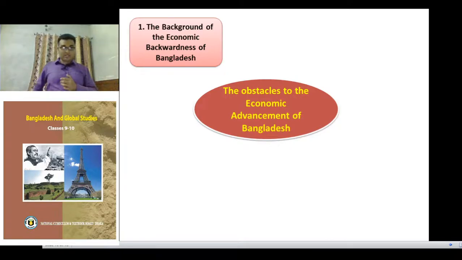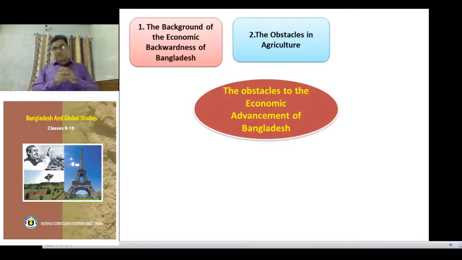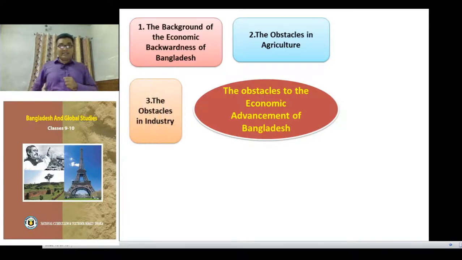Dear students, the next point is the obstacle in agriculture. Though Bangladesh is an agriculture oriented country, there are many problems in our agriculture sector, like lack of infrastructure of agriculture, use of very traditional tools to grow crops, etc. The next point is the obstacle in industry.